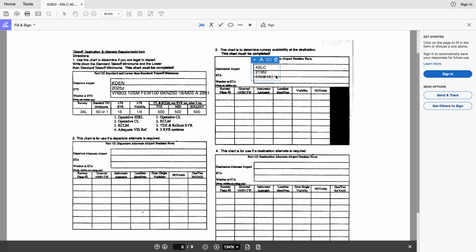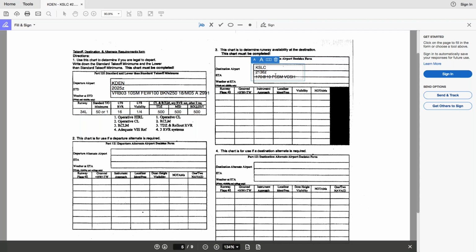Visibility. It's P6 statute miles, and then it's VCSH. What does that mean? Showers in the vicinity.